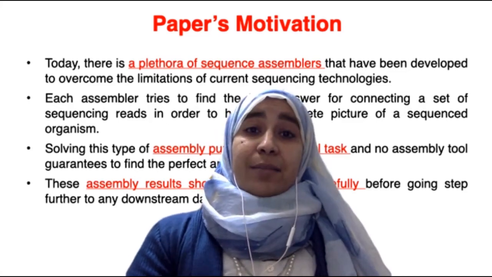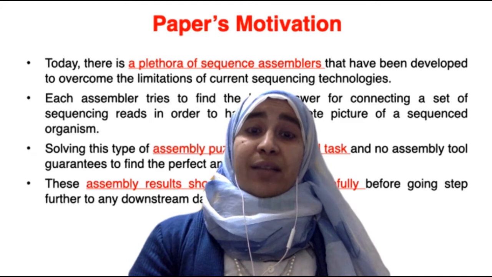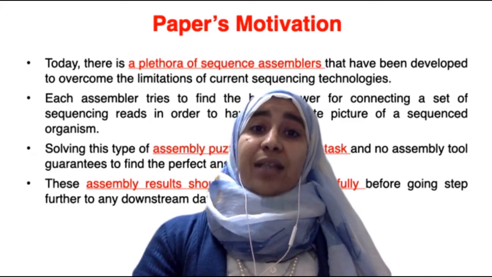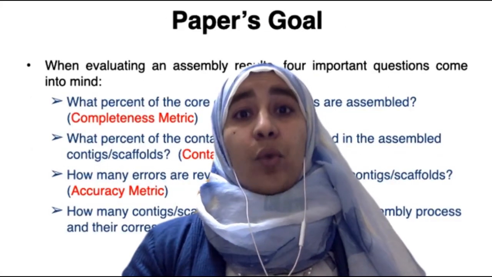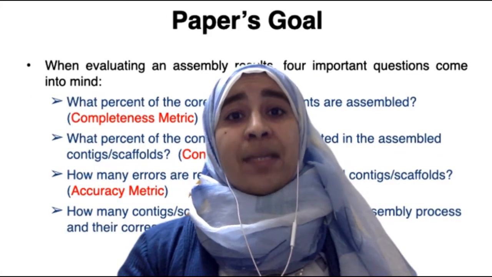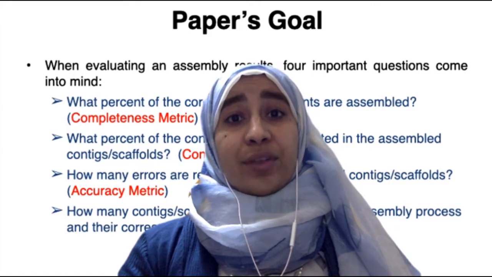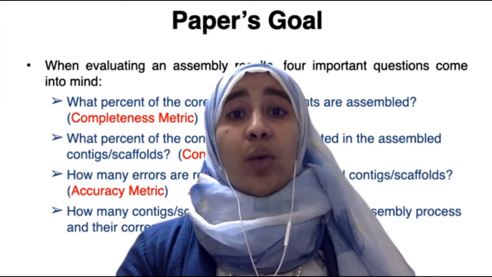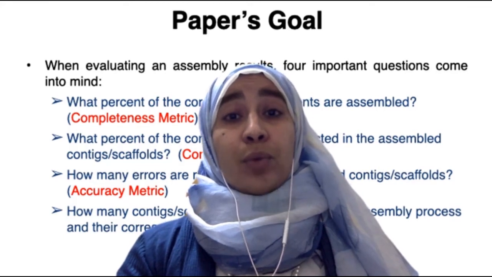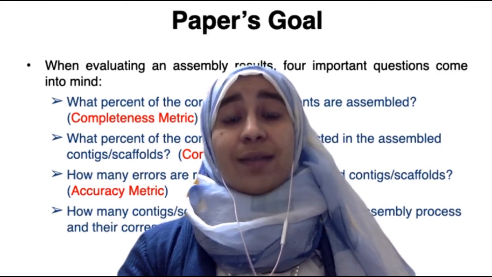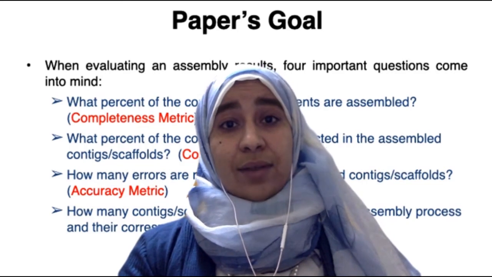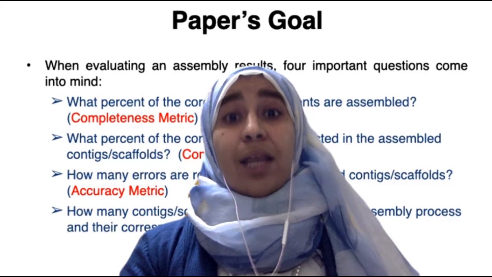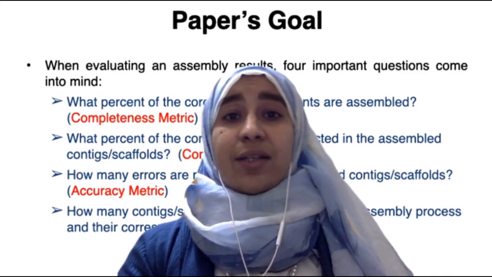These assembly results should be evaluated carefully before going a step further for any downstream data analysis. When evaluating assembly results, four important questions will come to your mind. First, what percent of genomic composition elements are assembled? Second, how many contamination sequences are present in your final assembly results?